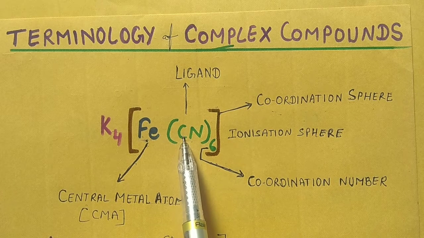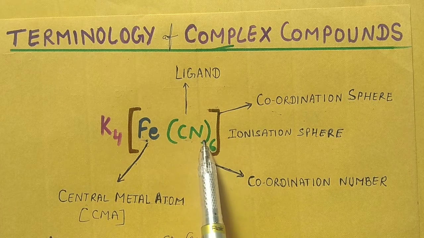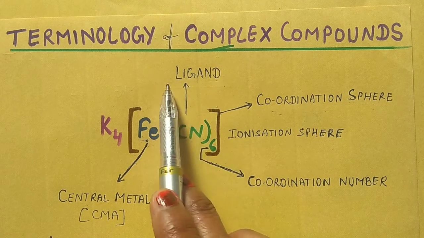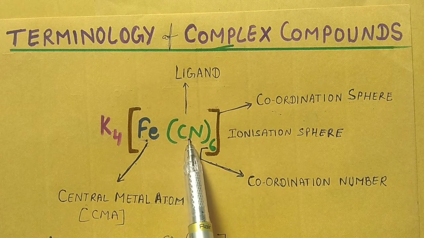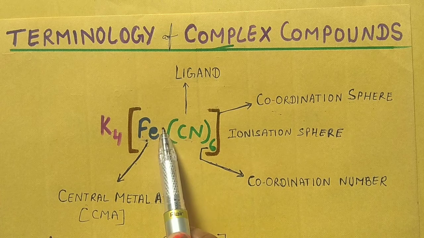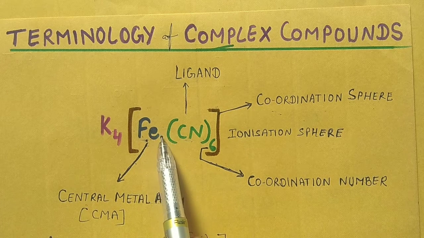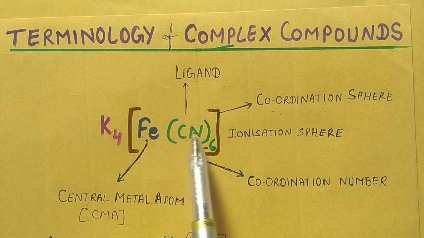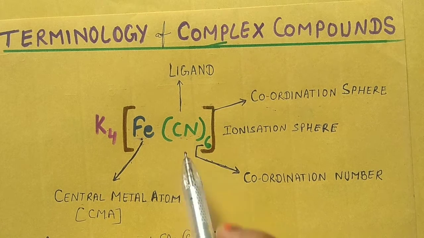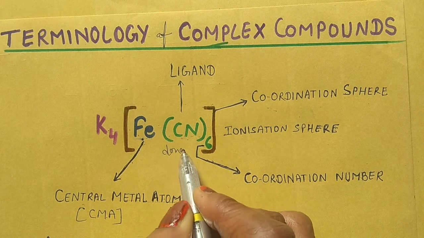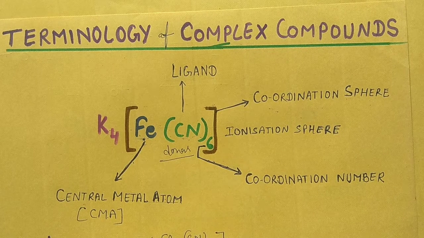The second is the ligand. A ligand means the atom or group of atoms which donates electron pairs to the central metal atom to make a coordinate bond. The ligand is the donor part of the coordinate bond.